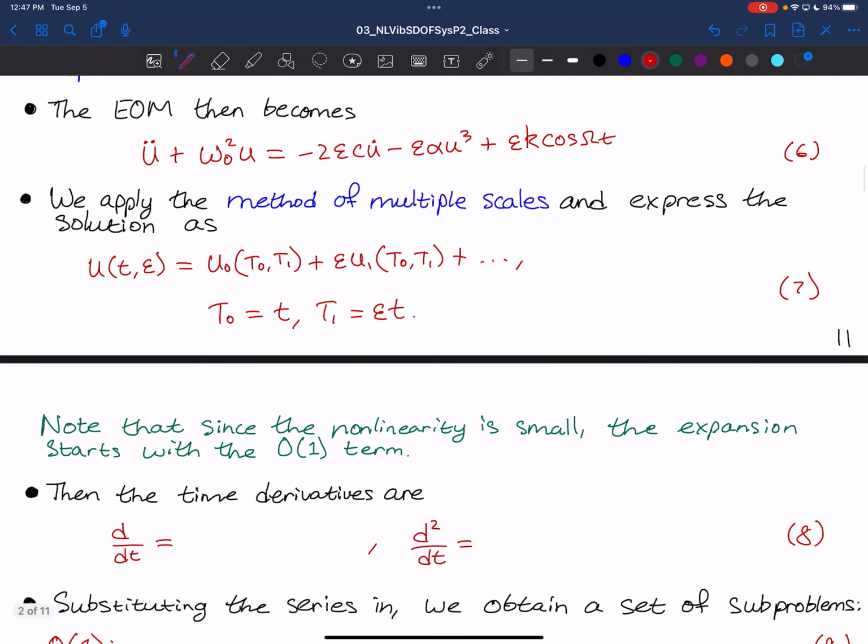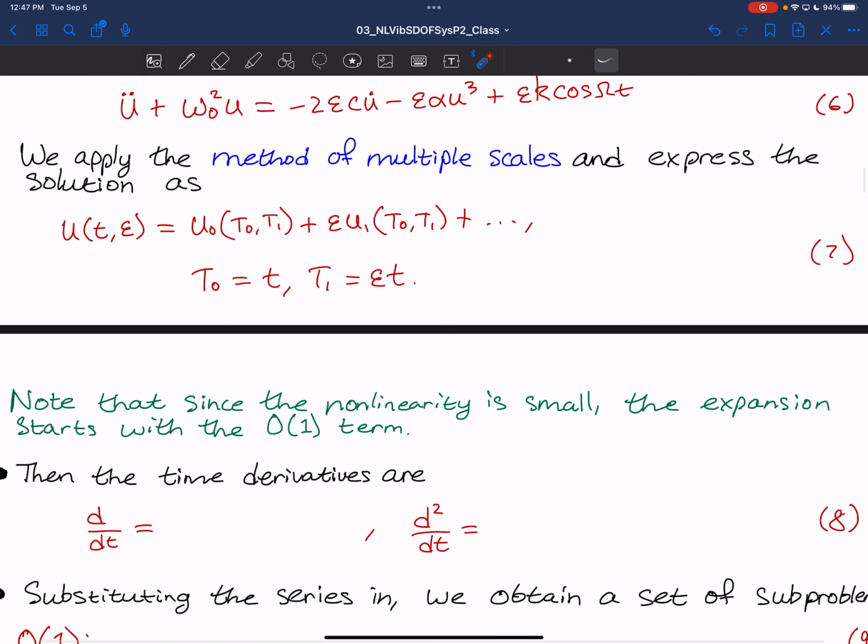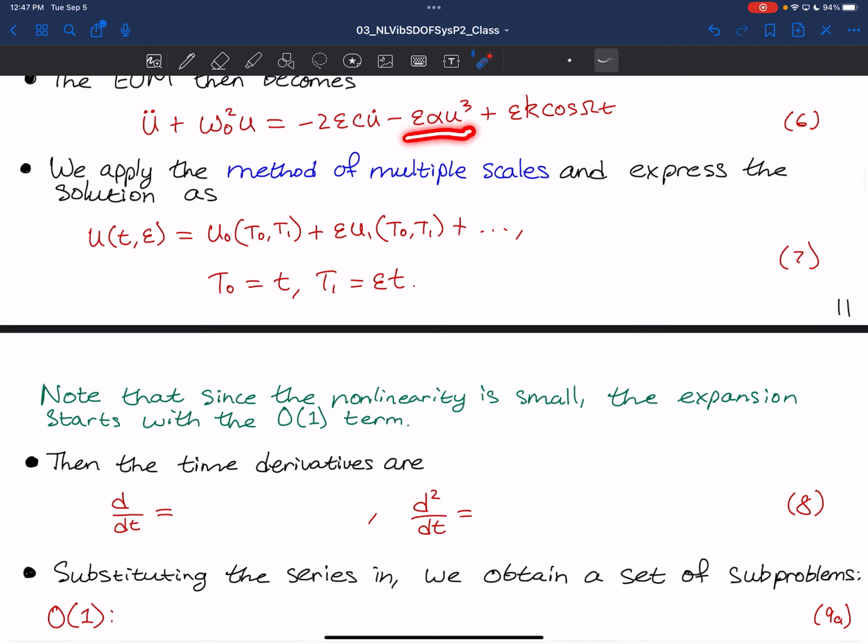Here we have an epsilon multiplying that nonlinearity. So in this case, we are able to start with this order without the epsilon at the 0th order. If this epsilon was not there, we would then have to start at the first order.